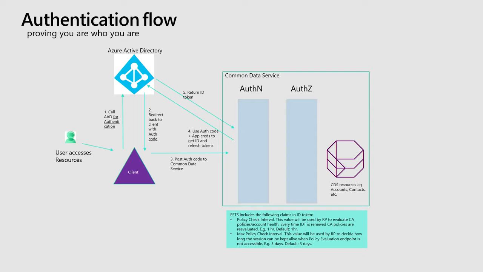All of this is provided in the ID token. The authentication stack takes the ID token, translates it, and looks up the CDS database to make sure that Mary exists in the environment that she's trying to access. When that comes back successfully, the authentication stack issues what we call a cookie, and that cookie is given back to the client.